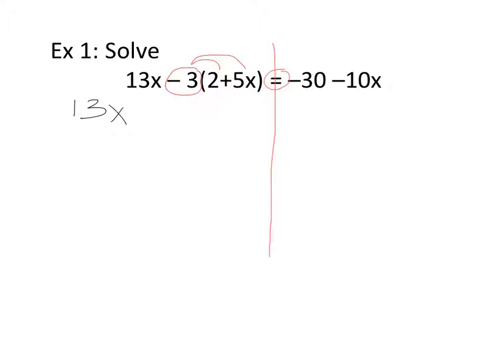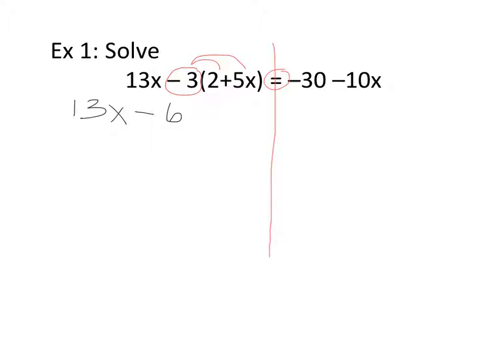Now, when I distribute this negative 3, I multiply the negative 3 to the positive 2. That product is a negative 6, so I'm going to write down minus 6. I'm not recopying this negative down. I am writing the sign that I get from the distribution. Now, for the next number, we're doing negative 3 times a positive 5x.